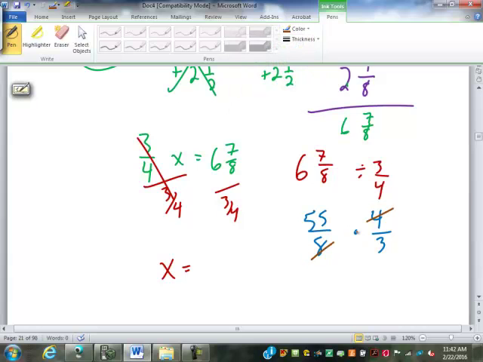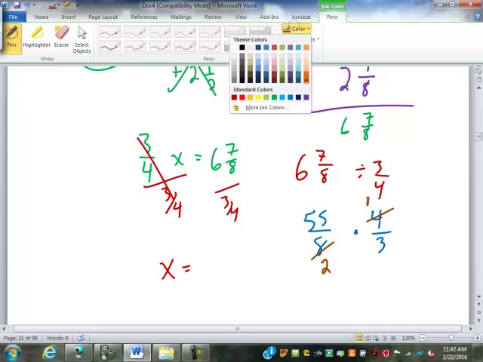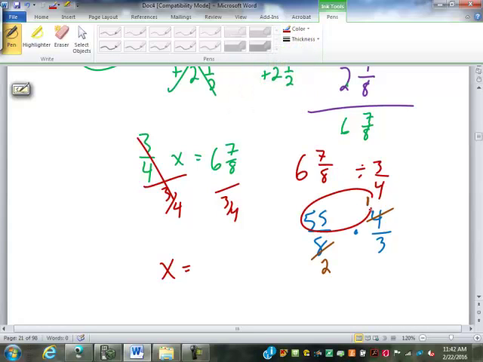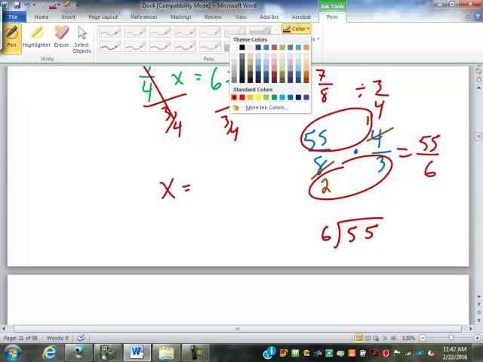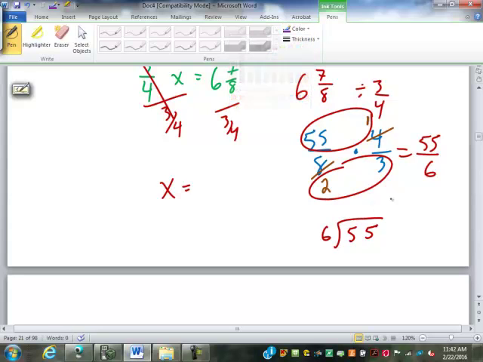Cross cancel the 8 and 4, both divide by 4 to give me 1 and 2. 55 and 3 can't do anything. So 55 times 1 is 55. 2 times 3 is 6. And we break that back down into a mixed number. So 55 divided by 6. 6 goes into 55 9 times. That would be 54. So there's 1 left over. So it is 9 1/6.